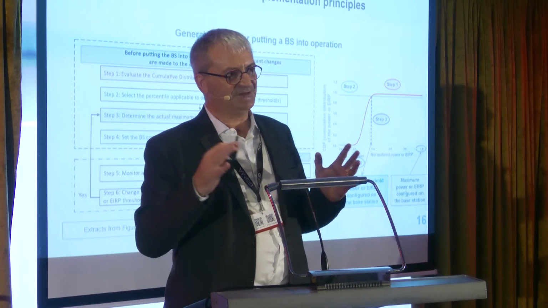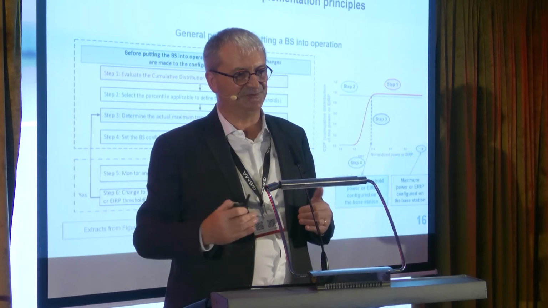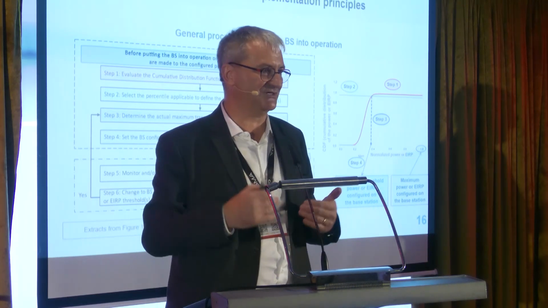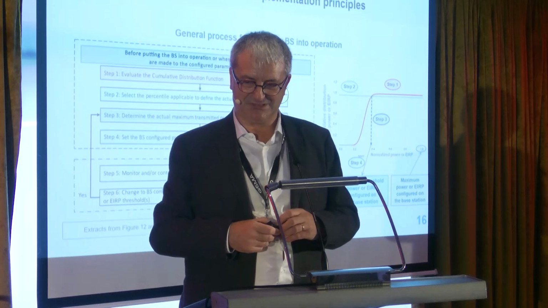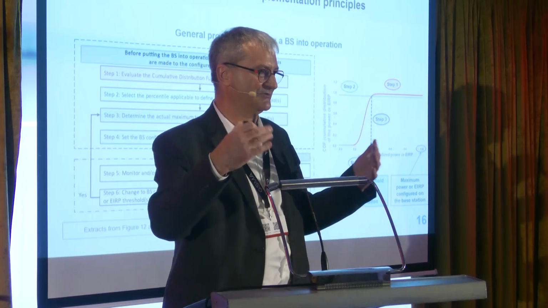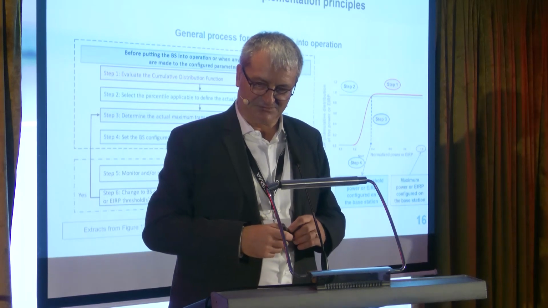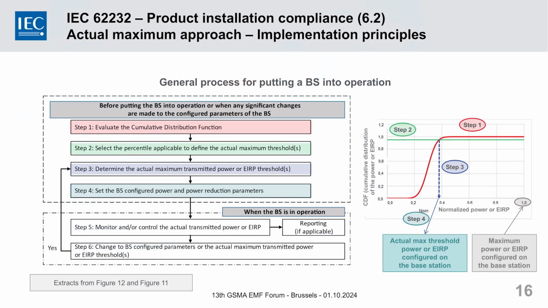So based on these studies, we started to establish the principles for compliance. This is a flowchart which was proposed by some regulators, and it was amended and adopted by the committee. First you collect the power reduction factor from a CDF or whatever. You establish a threshold of power or EIRP for the base station that shall not be exceeded.